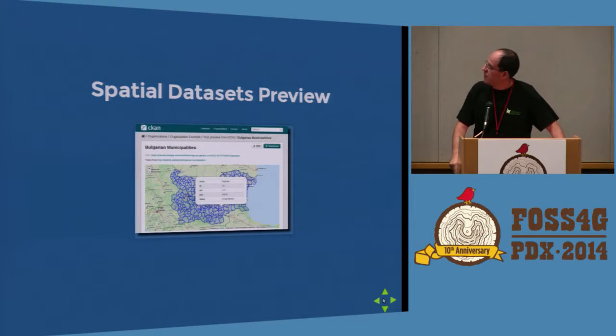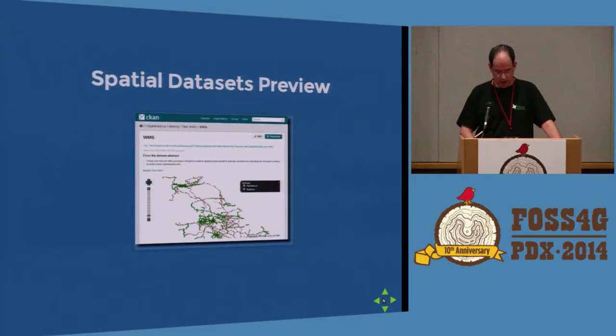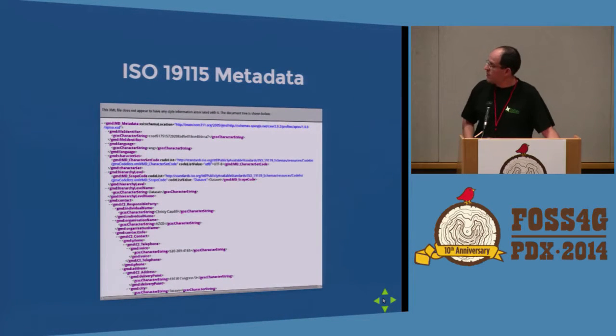Also, as part of CKAN, there is a dataset preview extension where you can see the spatial data within a viewer, if that is possible from the original resource. And this is how you get to see the original XML file, if you click on the URL.